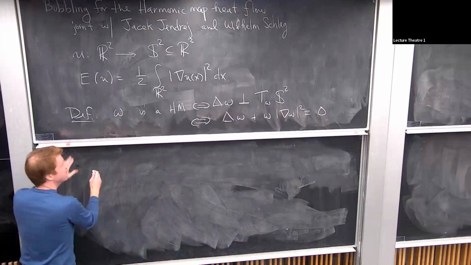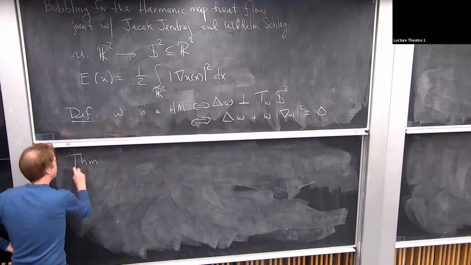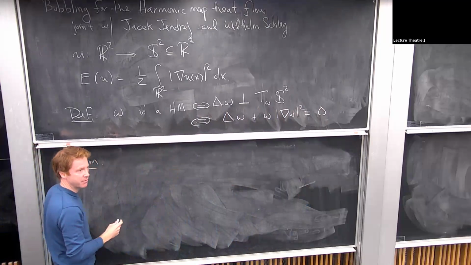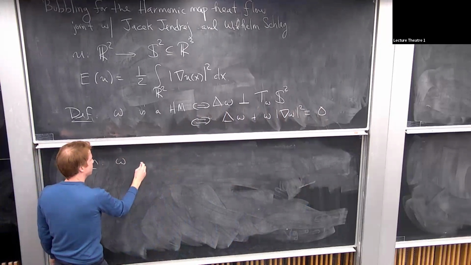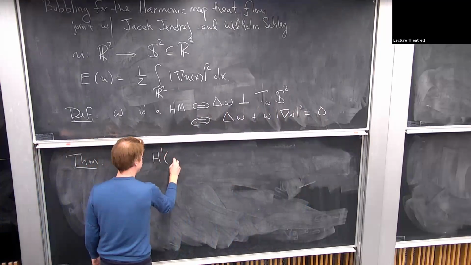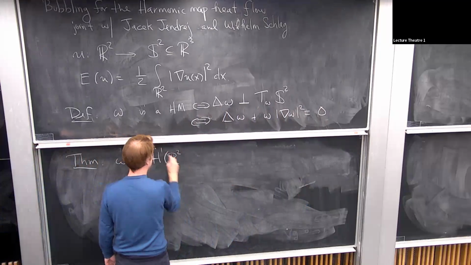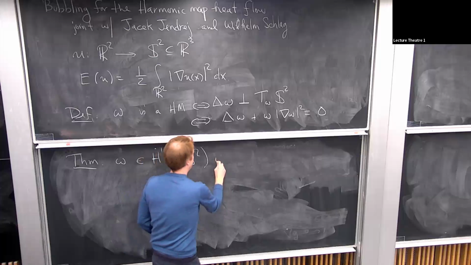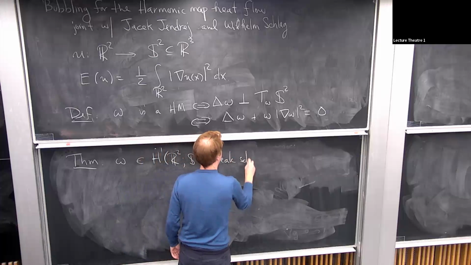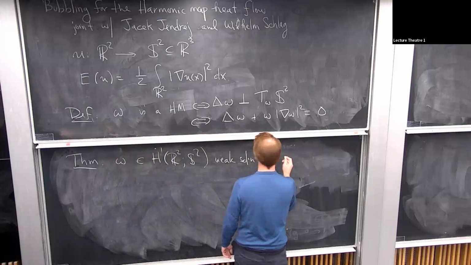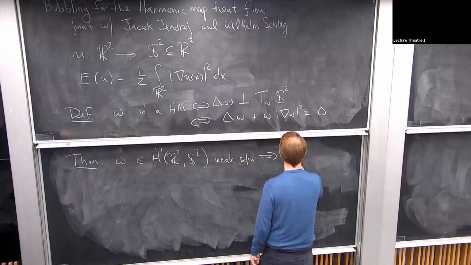And there's an old theorem. So these objects are completely understood. Now I'm going to tell you what I mean by solution to this equation. If I take an H dot 1 function omega that solves the equation weakly, then omega is C infinity smooth.